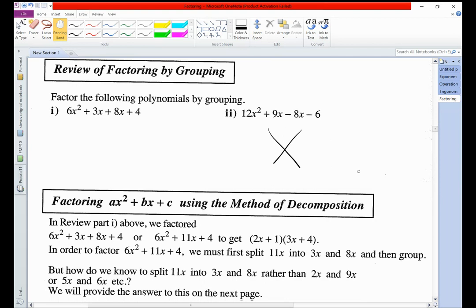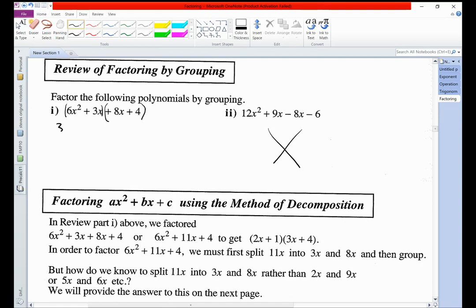So I'll do one example here where we have this polynomial with 4 terms, and we can group that. Factoring by grouping is where we group the first 2 terms and the second 2 terms, and we pull out the greatest common factor out of the first 2 terms.